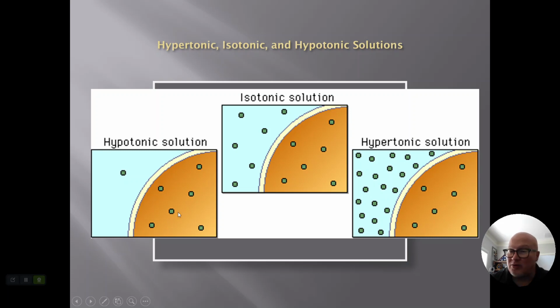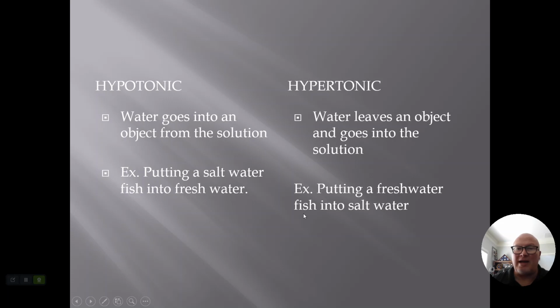So in this hypotonic solution, it's going to cause the cell to expand, which means it'll actually burst. If we have it over here in this hypertonic solution, the water will leave it, and so it will shrink, and it will actually collapse, which is why it's important to maintain this balance. And so here I've given you a definition of hypertonic and hypotonic.